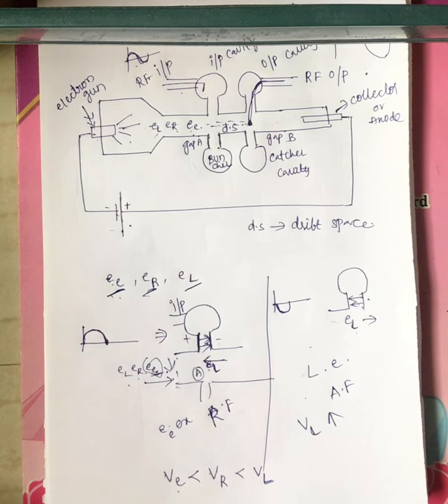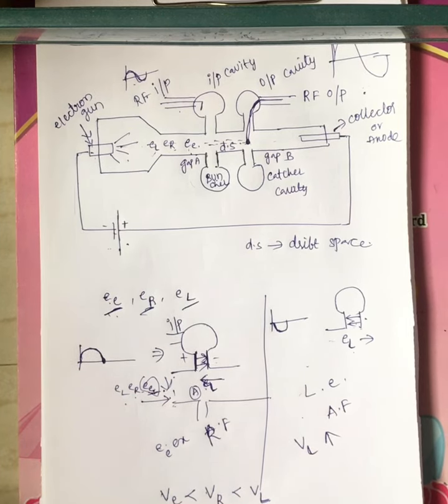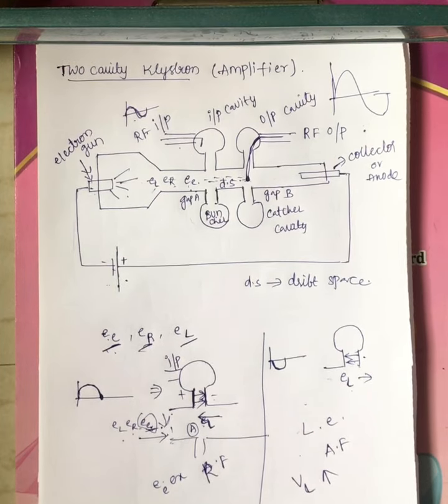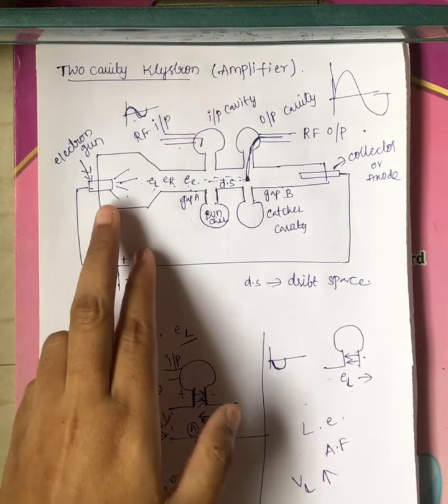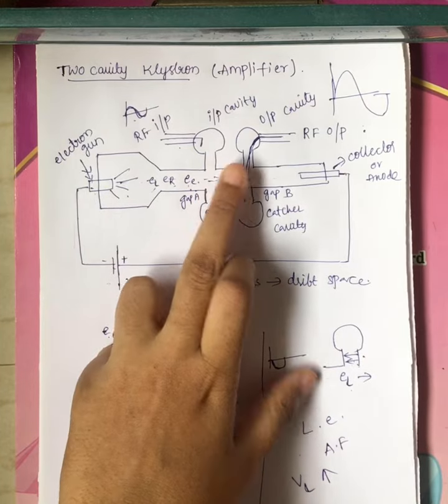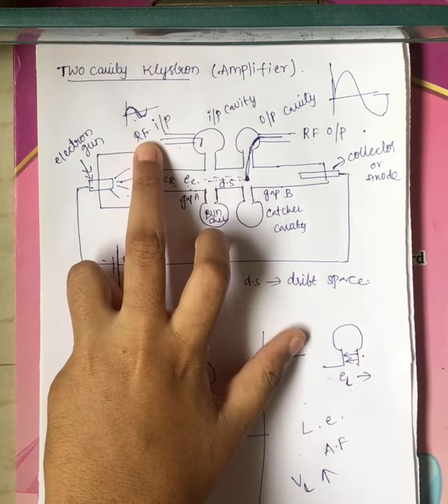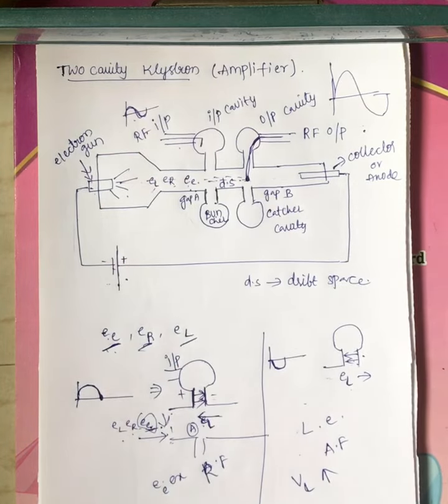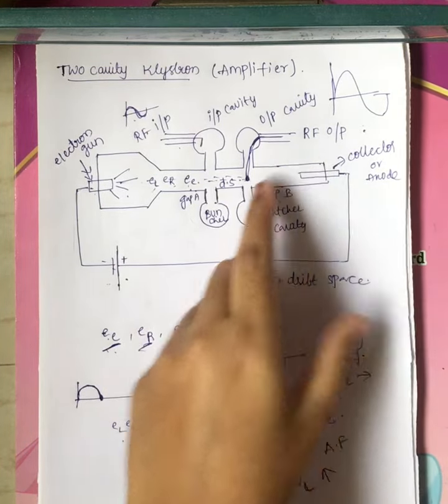This is about how the signal is amplified in a two cavity klystron. Let me briefly explain again. The structure contains an electron gun, input cavity and output cavity. The signal that we want to amplify is given through the input cavity, and the amplified signal is collected at the output cavity.